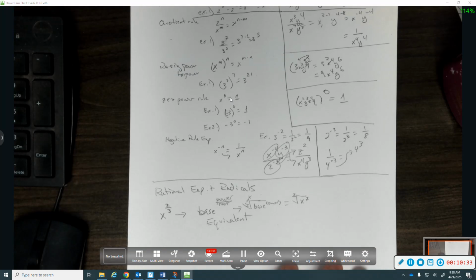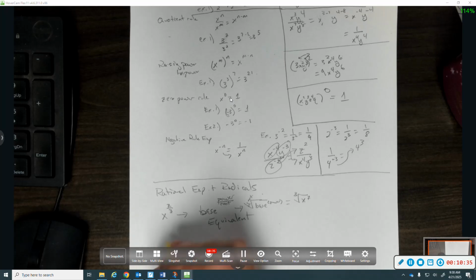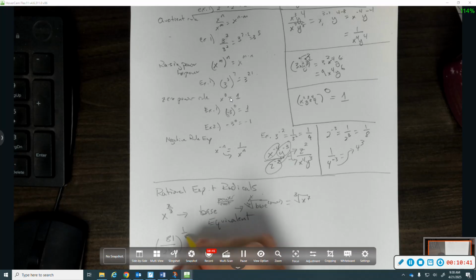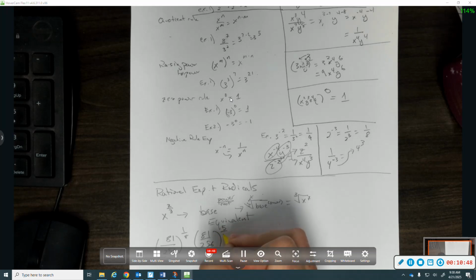So if I have, here's one that we've done in the past, 81 over 256, raised to the 1/8 power, times 81 over 256 raised to the 5/8 power.